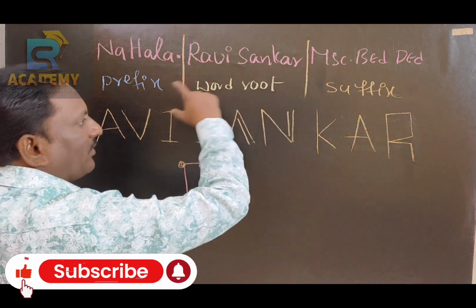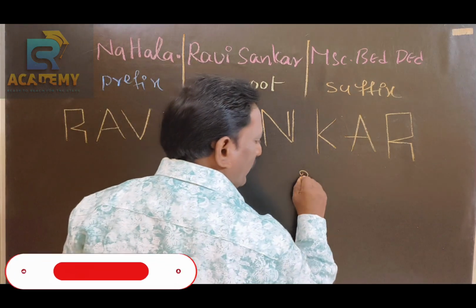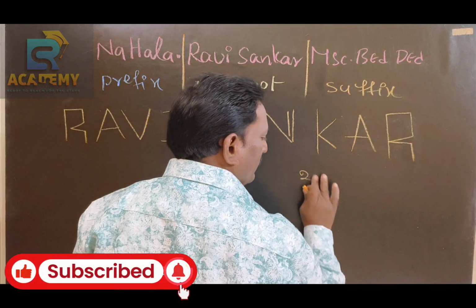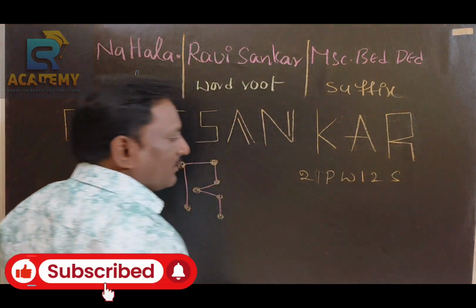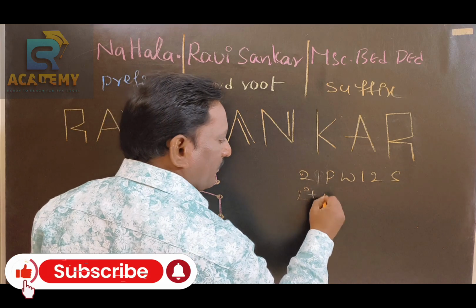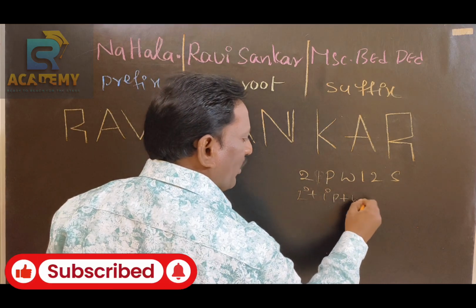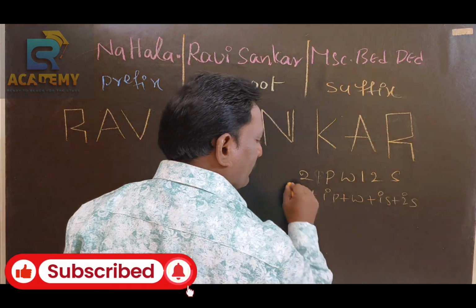While writing the name of an organic compound, you should follow one order, that is, secondary prefix plus primary prefix plus word root plus primary suffix plus secondary suffix.